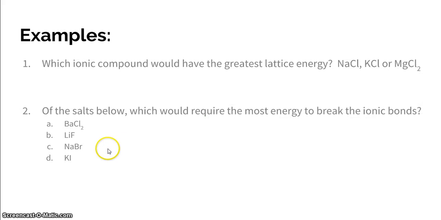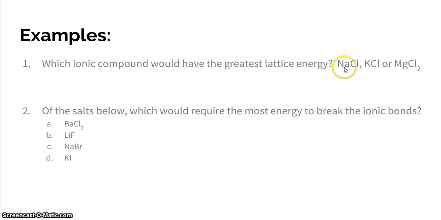And last, let's look at two examples. Which ionic compound would have the greatest lattice energy? So we're looking for compounds with small ions and with big charges. So if we compare sodium and potassium, we know that potassium is bigger in size, so we can rule it out automatically.